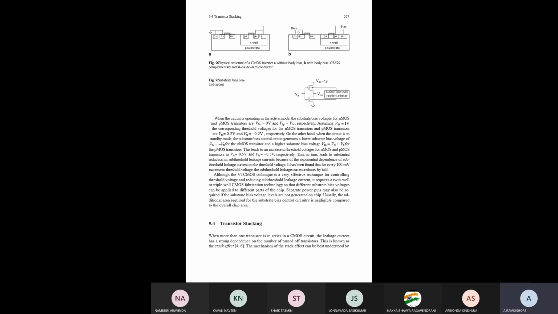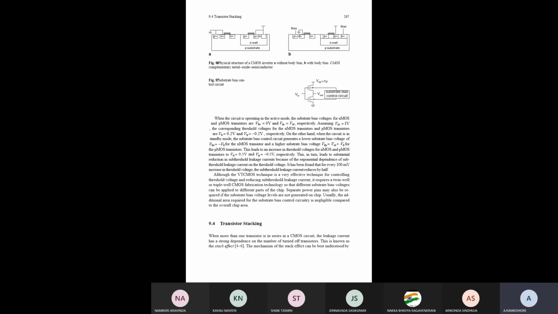Whenever these types of devices operate in standby mode, even though they work in active mode, mostly in standby mode the subthreshold current will leak. So we have to rectify that problem, because if these devices have subthreshold leakage current, it becomes more and more.